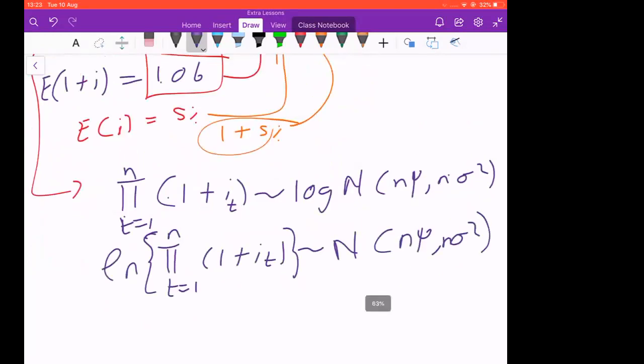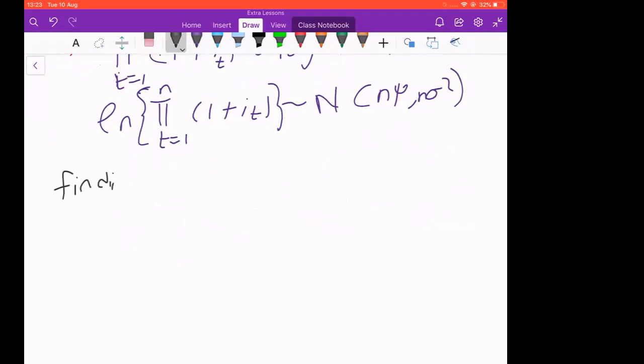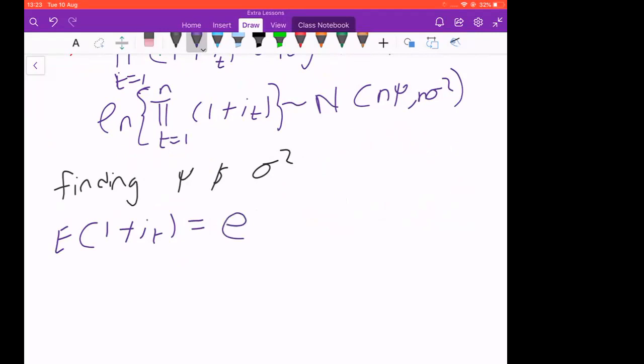So how do you find mu? So finding mu and sigma squared from your expectation of 1 plus I, right? Whatever value you find is going to be equal to e to the power mu plus sigma squared over 2, right?